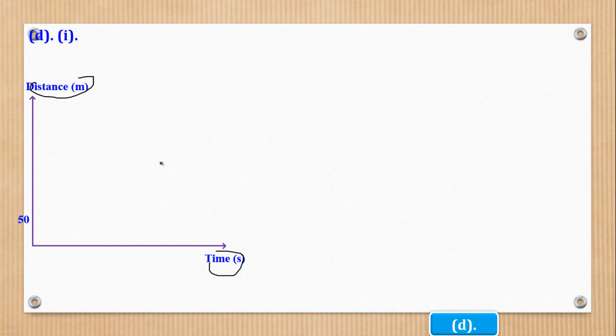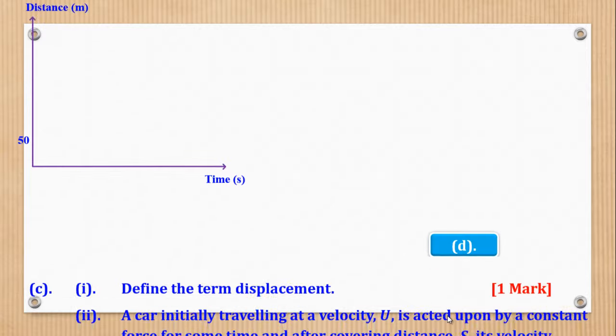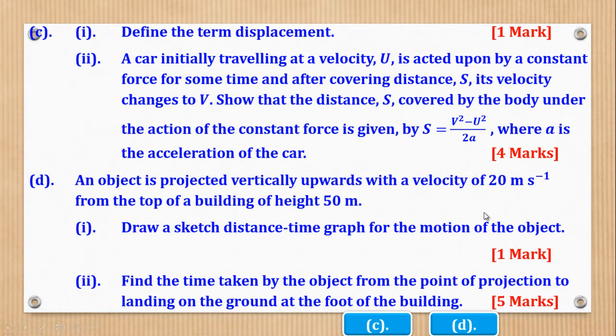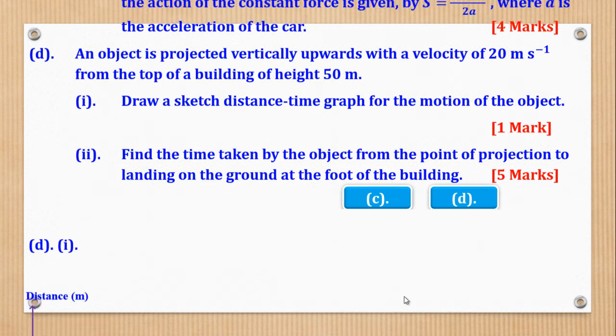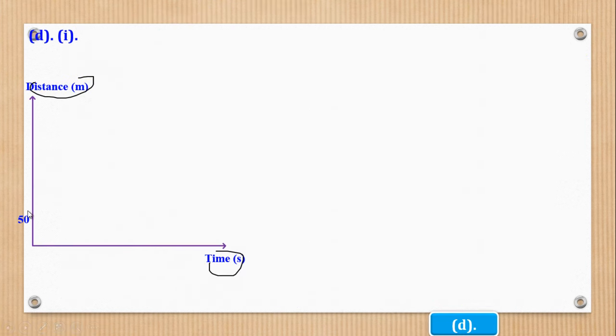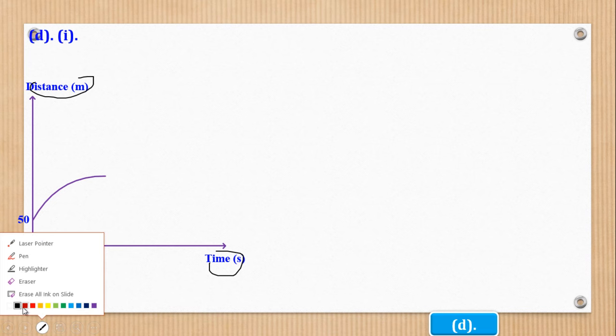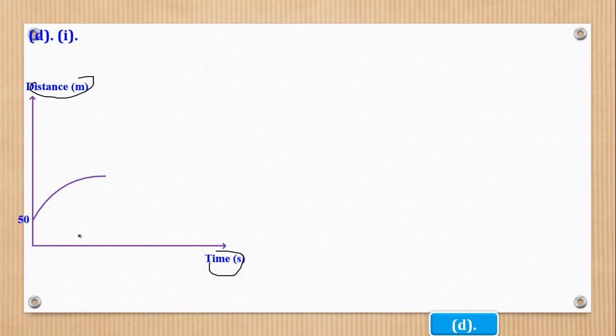Let's first read the question. It starts from a cliff of a building of height 50 meters. So the starting point will be 50, then it moves vertically upwards. So as it moves, because of acceleration due to gravity acting downwards, its distance keeps on reducing as time increases.